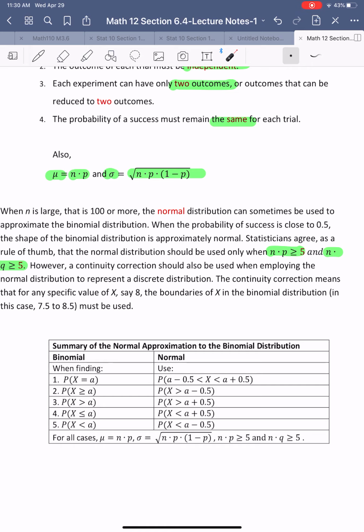When finding the probability of x equal to a, x greater than or equal to a, greater than a, less than or equal to a, or less than a, we adjust by adding or subtracting 0.5 for the normal distribution. This is what we apply when we get to the problem.